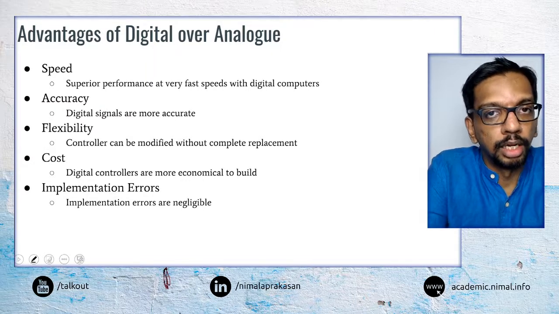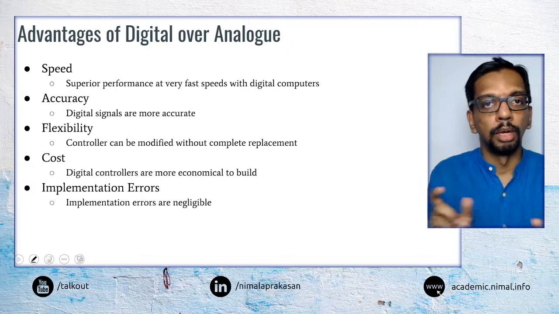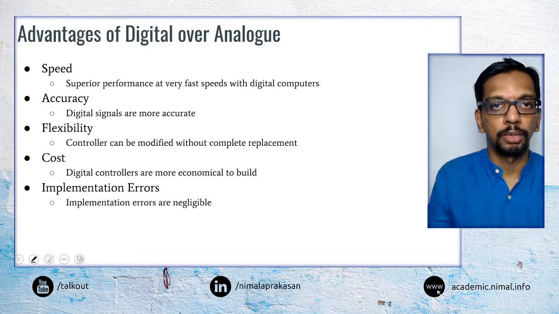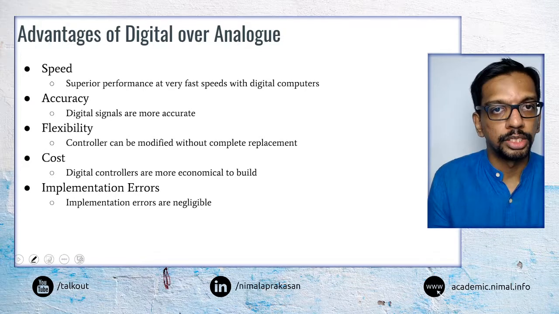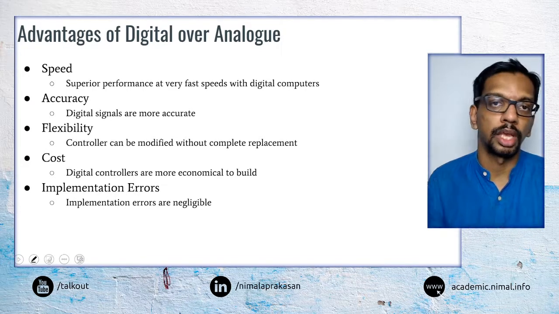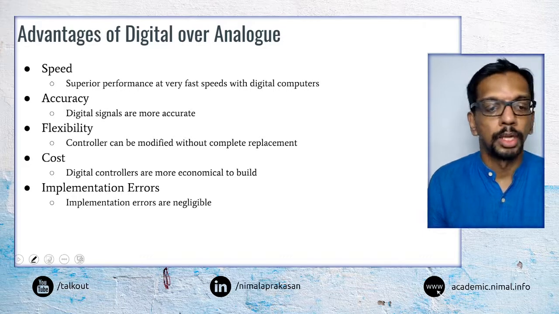That is again another advantage. They can perform things in a much more accurate manner, because we are measuring things digitally. We can make calculations much more accurately, and then we can produce outcomes much more accurately.